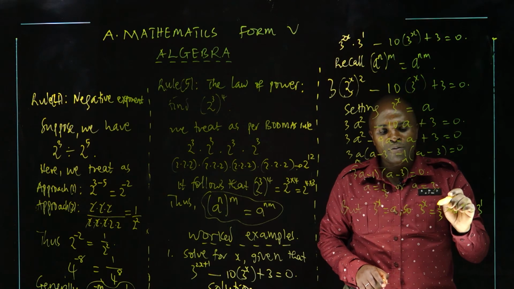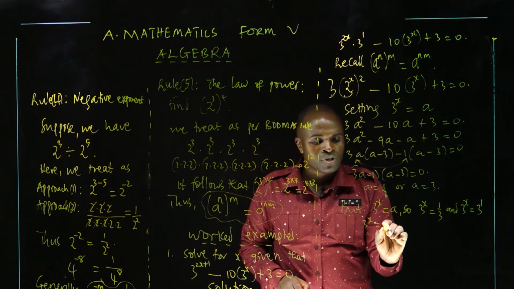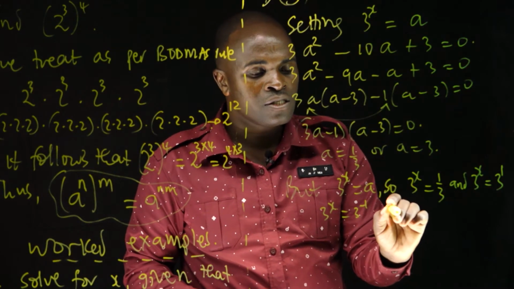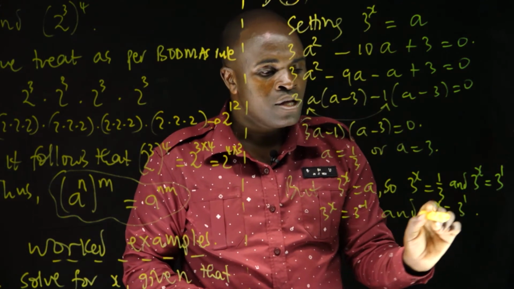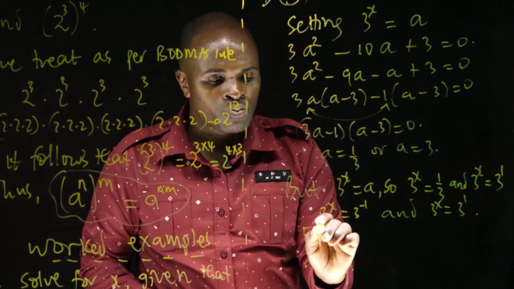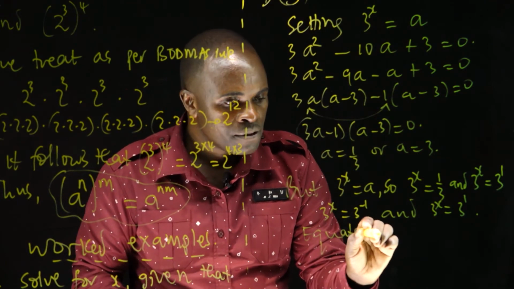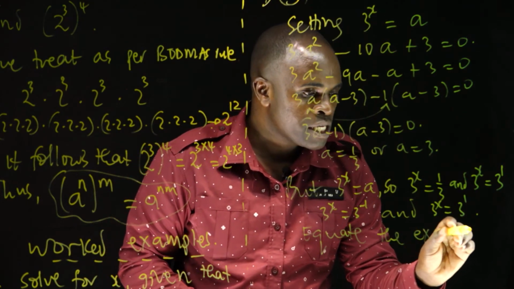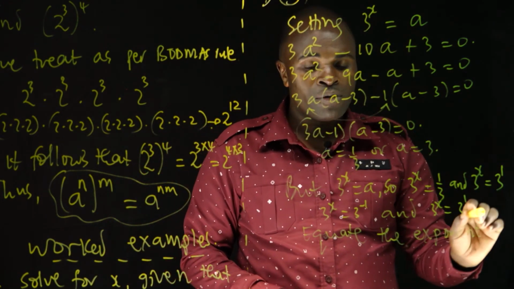And again, taking from negative exponent, you will take 3 power x equal to 3 power negative 1. This is from 1 over 3. In the same way also, 3 power x is the 3 power 1. So here we say equate the exponent. Do not make cancellation. Do not cancel here, my friend. Just equate the exponent.